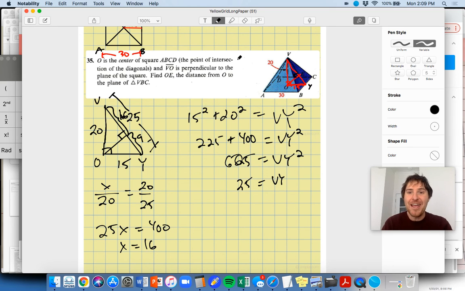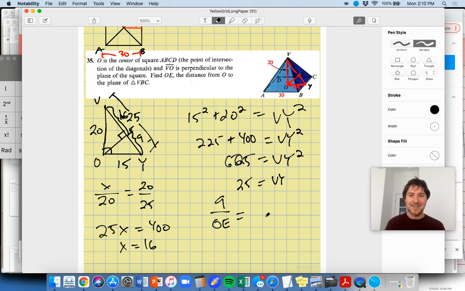Now we want to get what OE is. What we know about OE is that it's the geometric mean between the two segments of the hypotenuse created by the altitude to the hypotenuse of a right triangle. That's the theorem from section 6.1; this geometric mean thing keeps paying off.